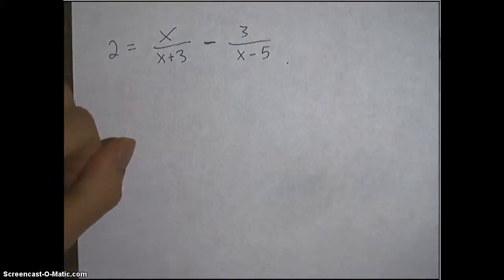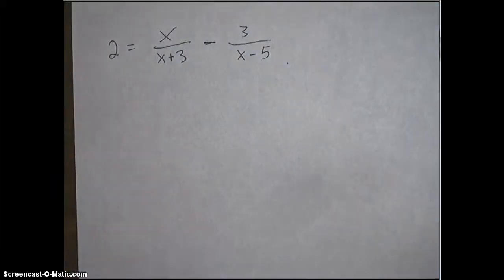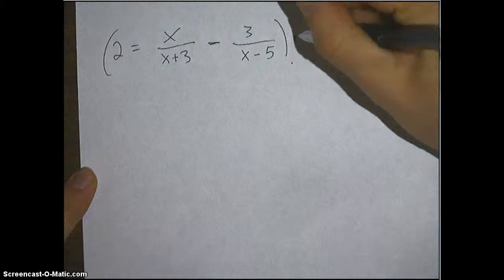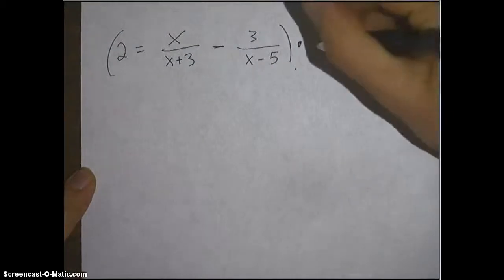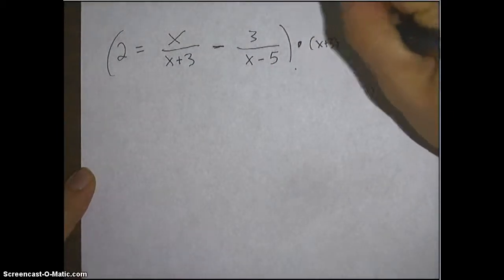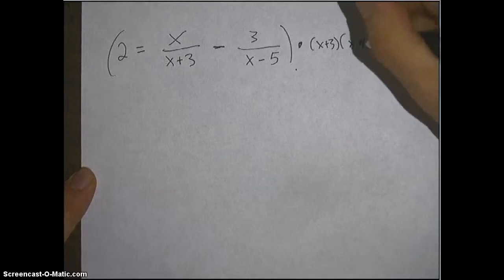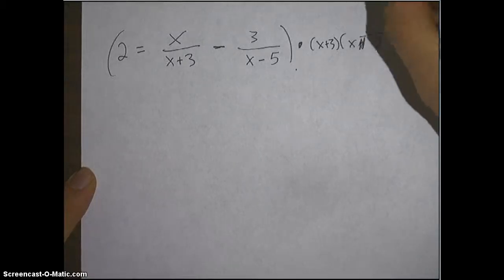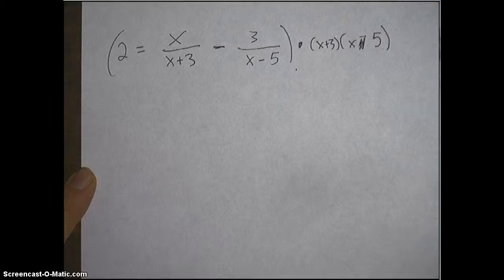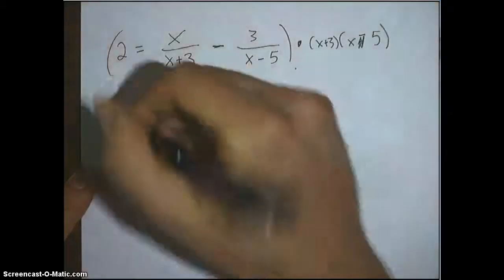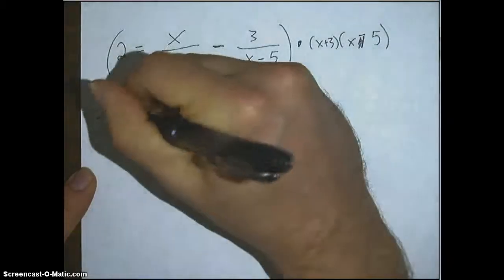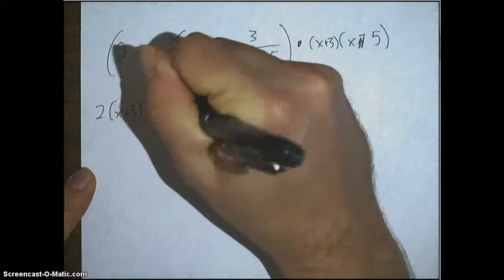I think since last time we combined and then cross-multiplied, I'm just going to multiply both sides by the least common denominator. So I'm going to take this entire thing and multiply it by x plus 3, x minus 5, sorry. And when that happens, I've got 2 times x plus 3, x minus 5.